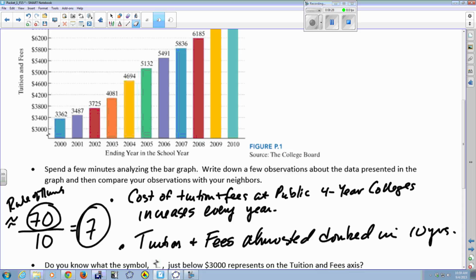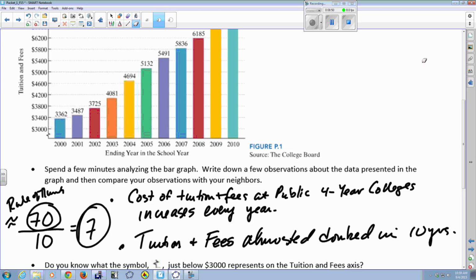That's a huge jump every single year, because each year your base gets bigger and bigger, and you're still taking that same percentage of a bigger number, so your increase is going to be bigger and bigger. That's pretty incredible, 7%. That was a really neat thing to notice.